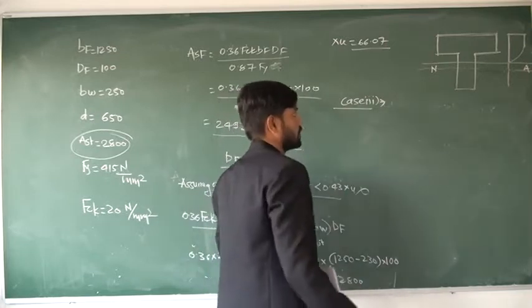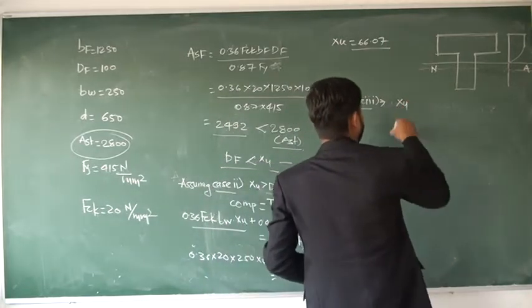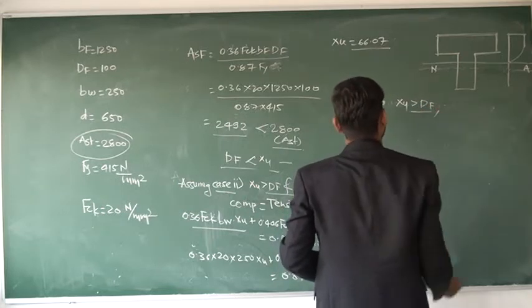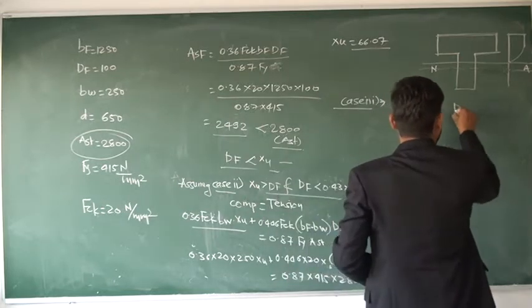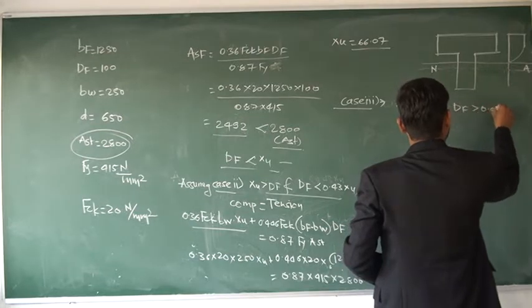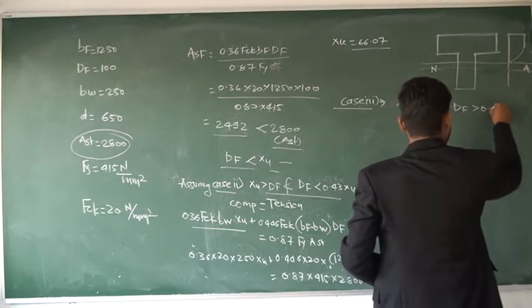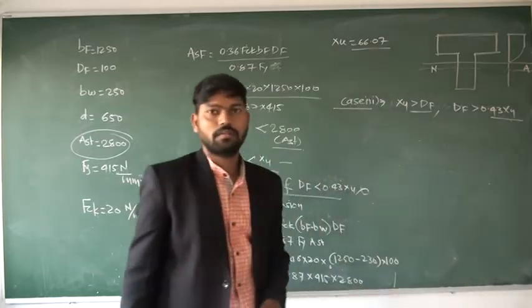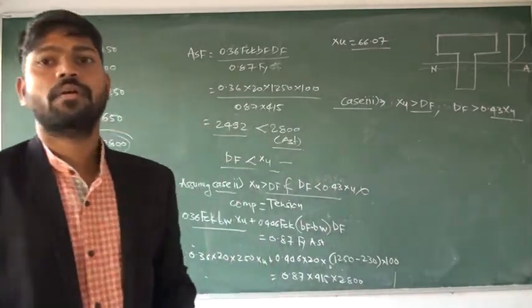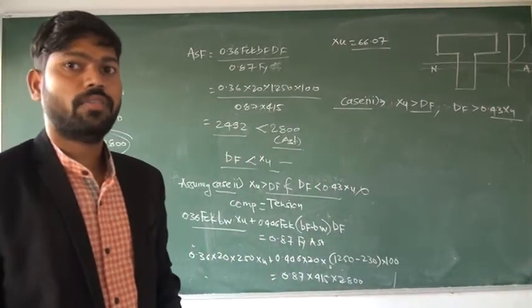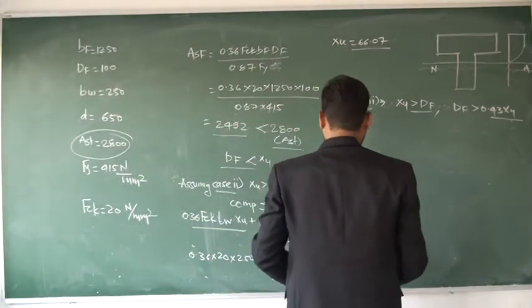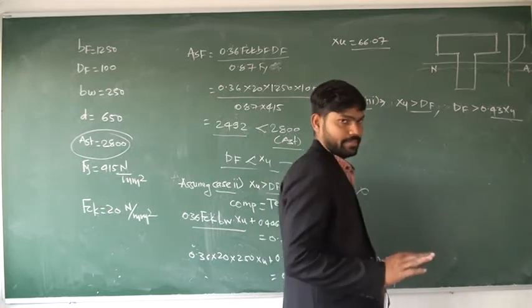Now what is our case 3? It is xu greater than Df, but Df is greater than 0.43 xu. We will find out the xu value again.